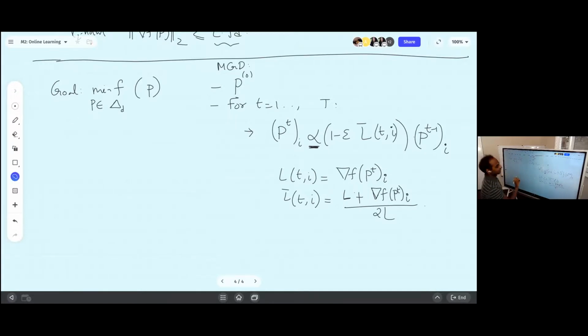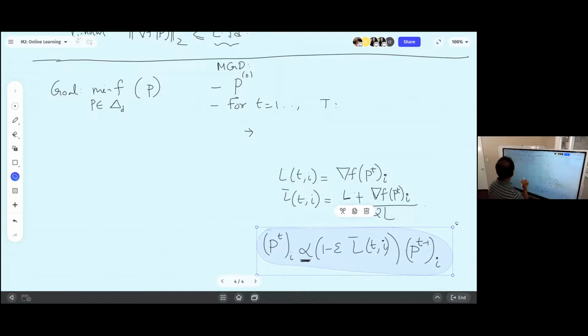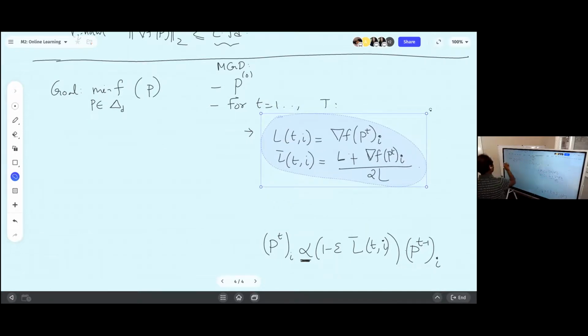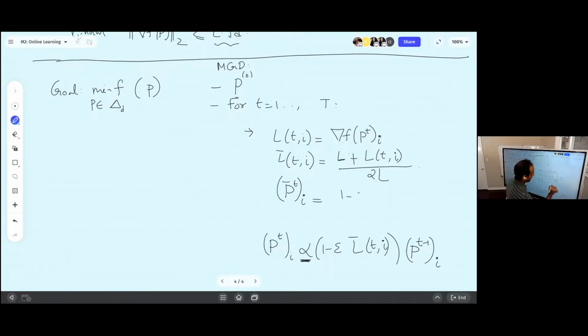So if I were to rewrite it, here's the multiplicative gradient descent algorithm. p bar t of i is exactly 1 minus epsilon L bar t comma i times the ith coordinate.